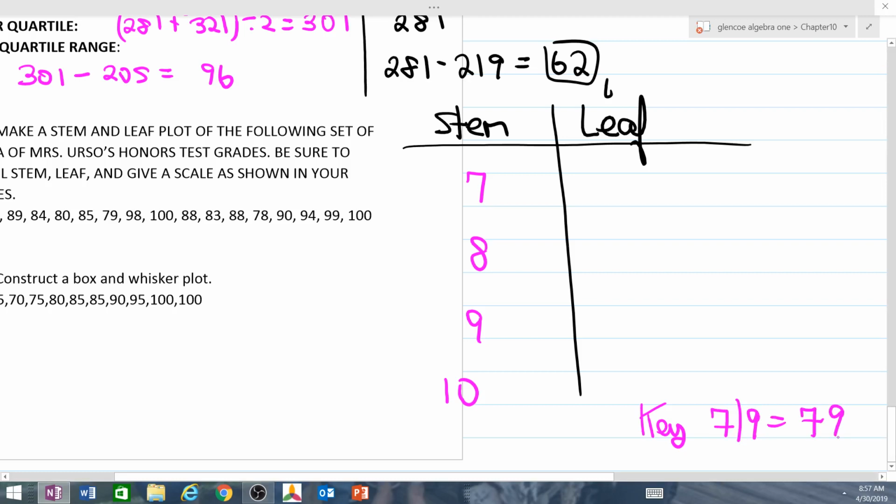That way my reader knows I'm talking about 79, not 0.79, not 7.9. Now I'm just going to fill them in for you, and hopefully do it correctly. And that's what your stem and leaf plot should look like.